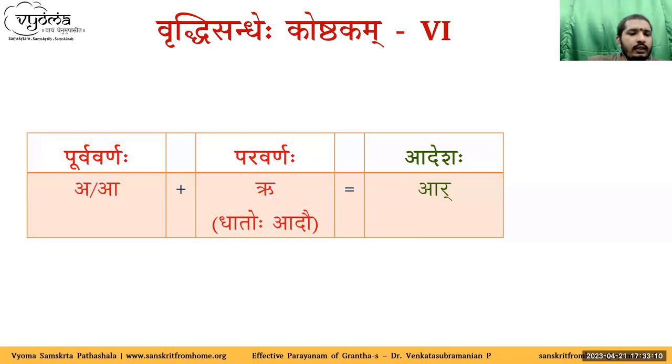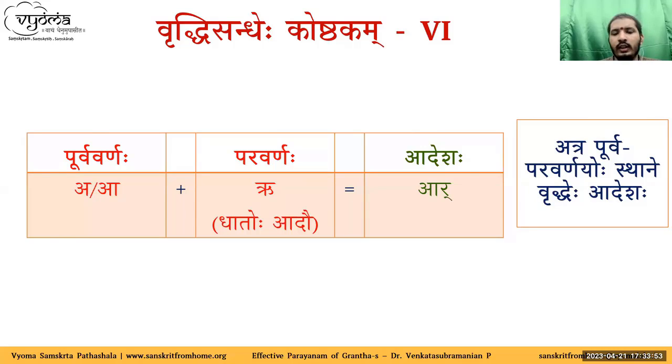If the purvavarna is a or aa, and the paravarna is ṛ, which is the starting letter of a dhatu (I already told you, a dhatu is the root of the verb), then the adesha will be ār. Here Gunasandhi should have occurred, but this rule overrules Gunasandhi, and thus we get the ār Vriddhi Adesha.